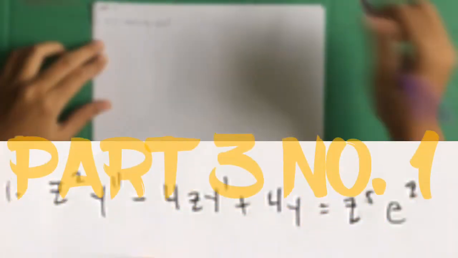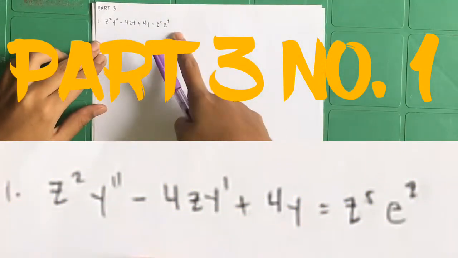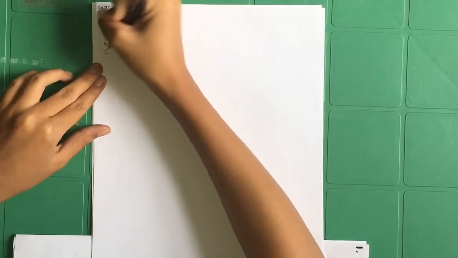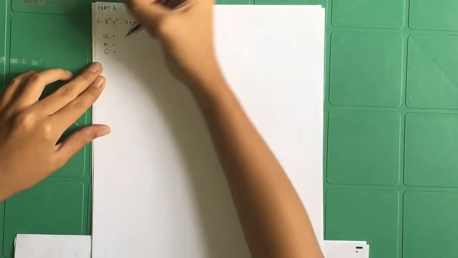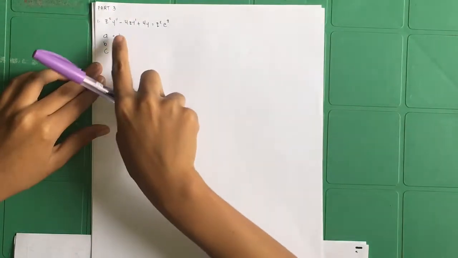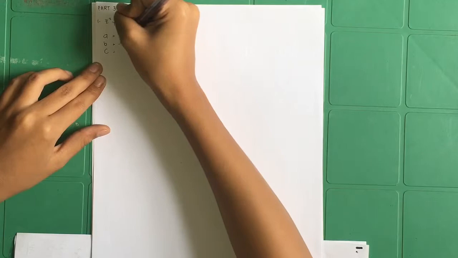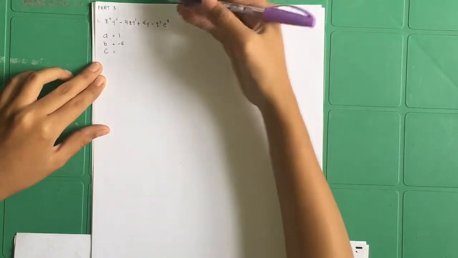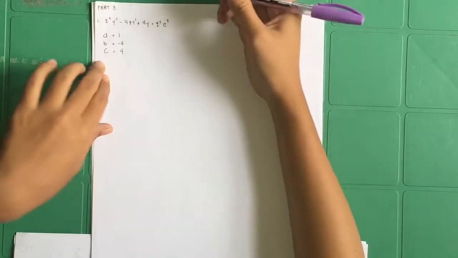For part 3, number 1, I have to solve this and get the coefficients a, b, and c, which is a equals 1, then b equals negative 4 since it's minus, then c equals positive 4.